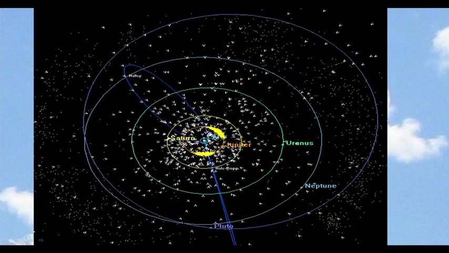The inner asteroid belt can be seen here within the orbit of Jupiter, and then you have Saturn, Uranus and Neptune. So, this is Neptune at around 30 astronomical units, and beyond this you see there are all these asteroids.